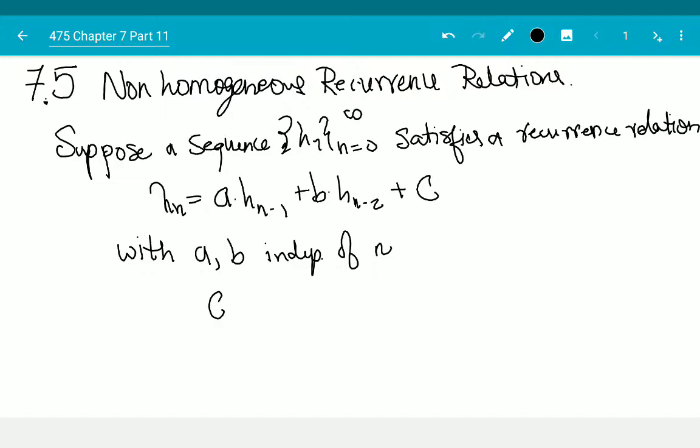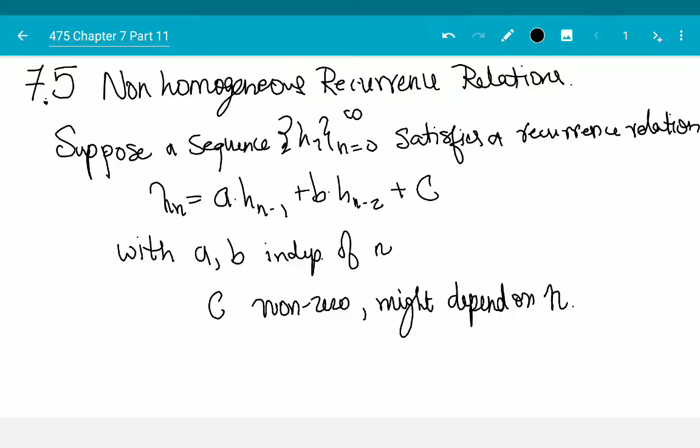C is non-zero. Then such a thing is called a non-homogeneous recurrence relation.